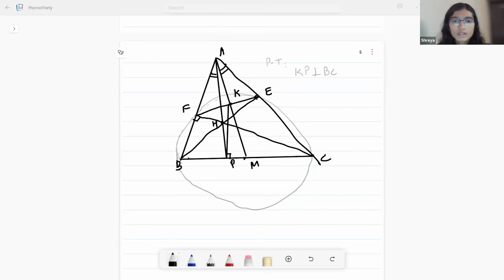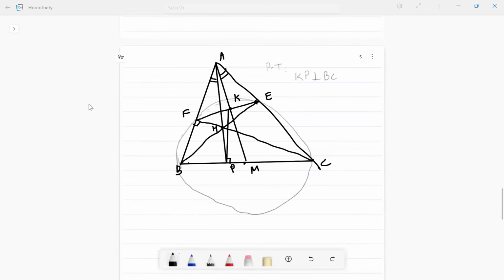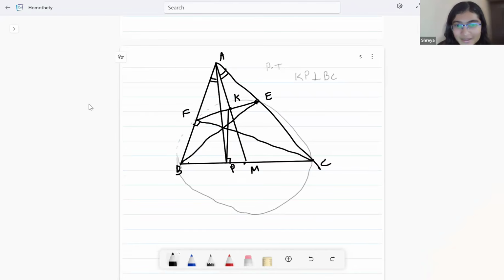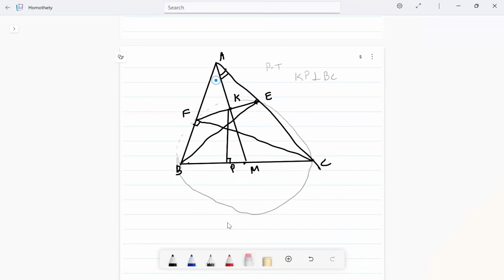Your median AP is passing through the orthocenter in this diagram. Oh, that is true. That is not supposed to happen. Sorry, it's a bit weird. What should I change? What's E there?